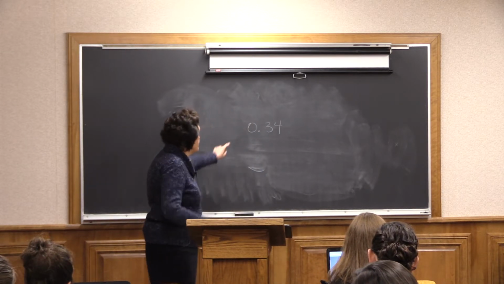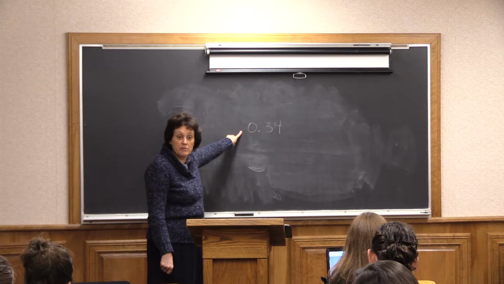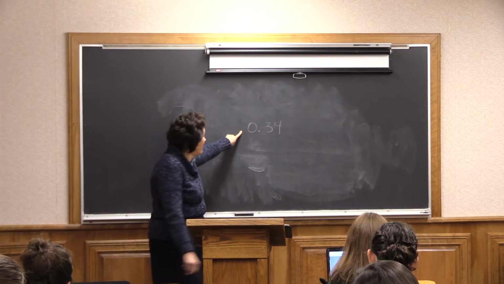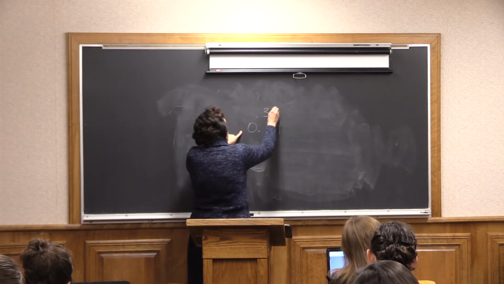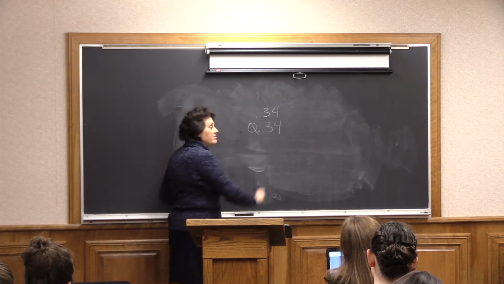So think about this zero. Do you have to have that zero for any purpose other than procedure and formatting? Is this zero necessary when you are answering in decimal math? Is it necessary? No, it's protocol, right? Are these two numbers the same? So this zero is protocol.